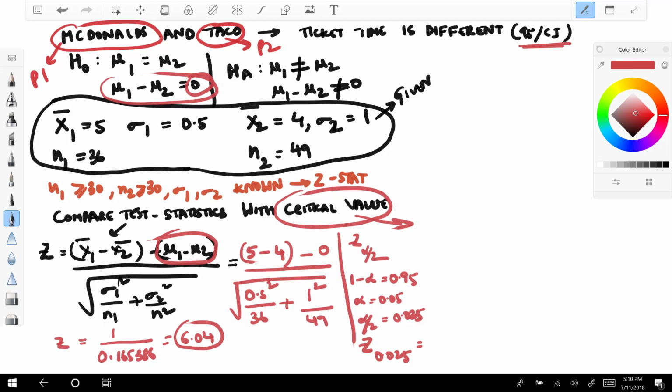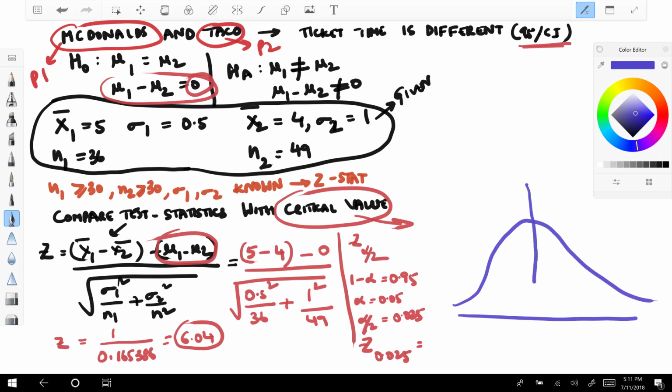So we can try to understand this by using a normal distribution curve. If we have a normal distribution for the difference in the mean, this is a curve of the null hypothesis.